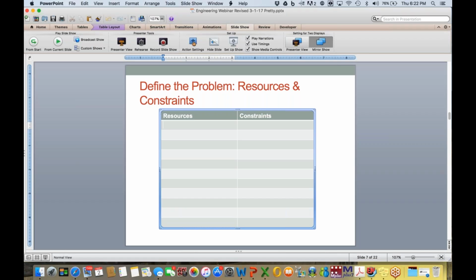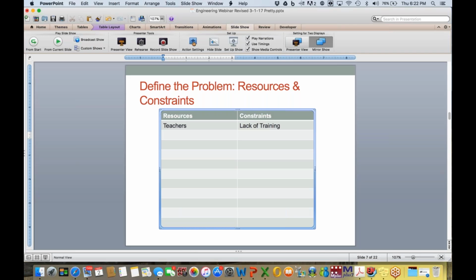Could be lack of training of teachers. So I will put teachers as a resource, and lack of training as a constraint. So those are our first ones. Kathy, can you go around and get everybody to give us one? So what I'll do is I'll just start off down the list.